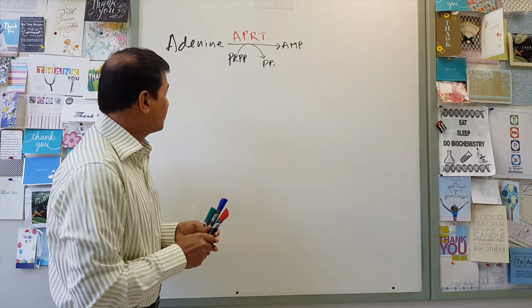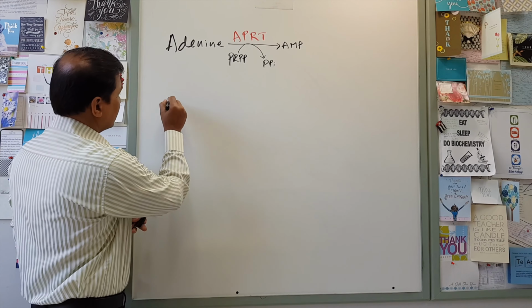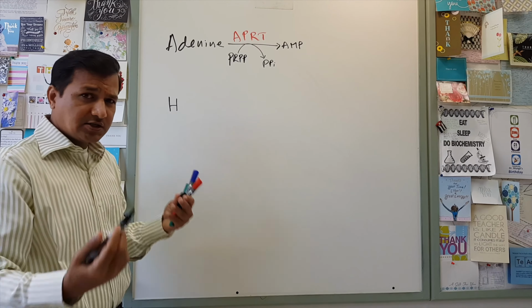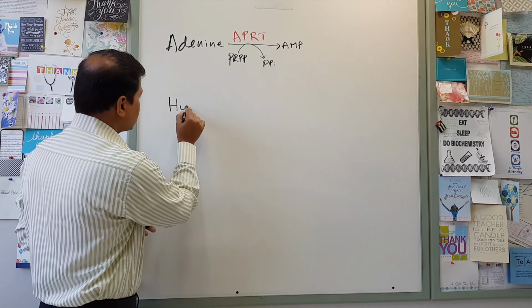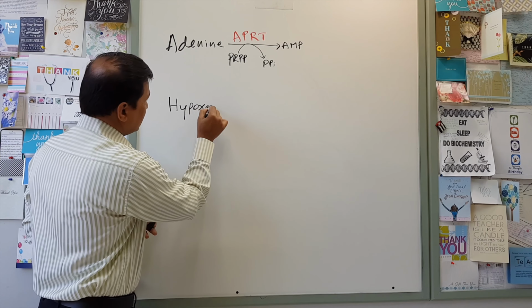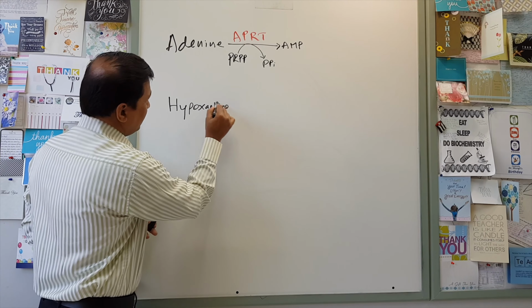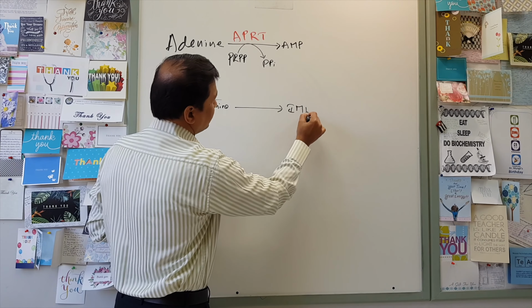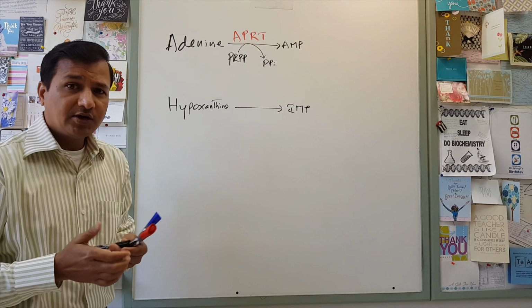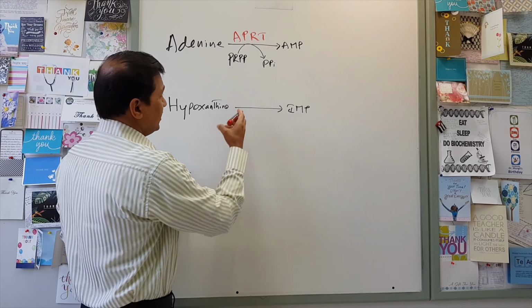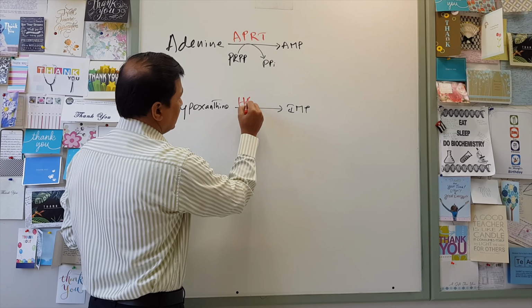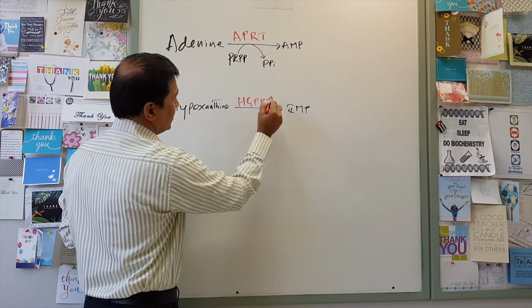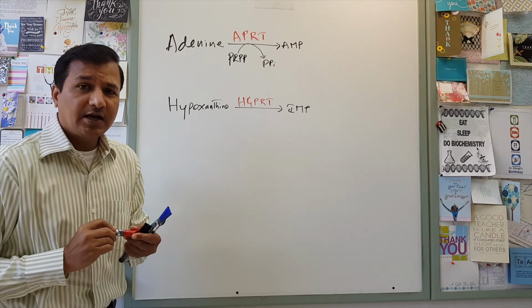Another purine base that we can get from cell turnover or from food is hypoxanthine. Hypoxanthine is converted into inosine monophosphate by an enzyme called HGPRT, hypoxanthine guanine phosphoribosyl transferase.